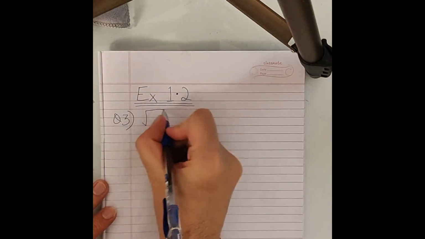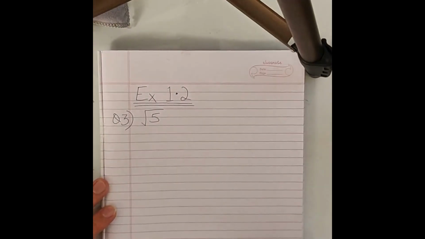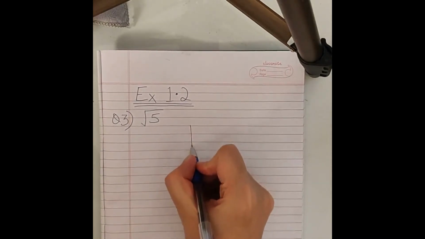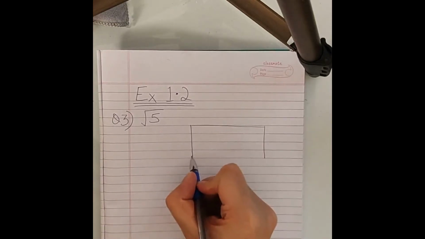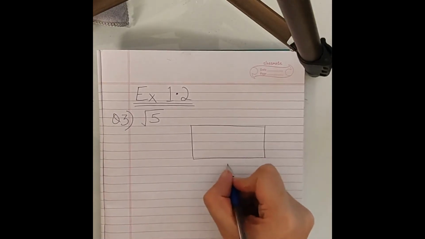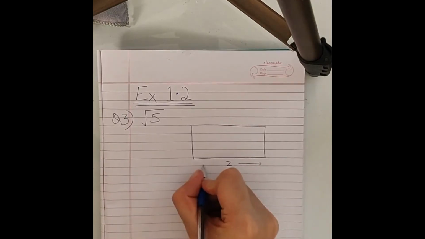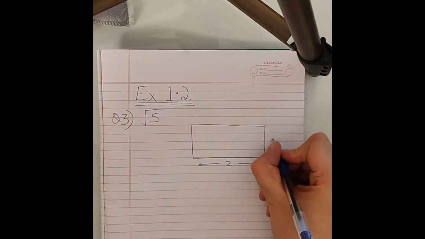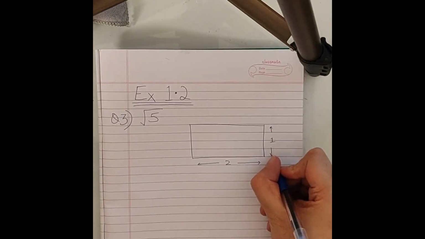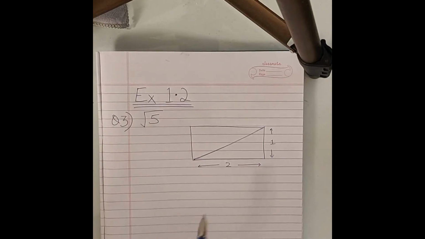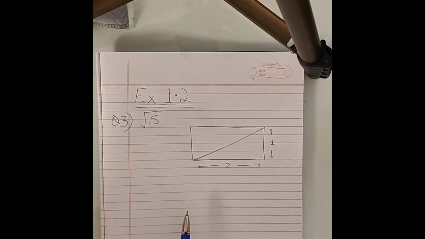So if we see the number root 5, if we have a rectangle of sides 2 units and 1 unit, do you know what will be the length of the diagonal of this rectangle?